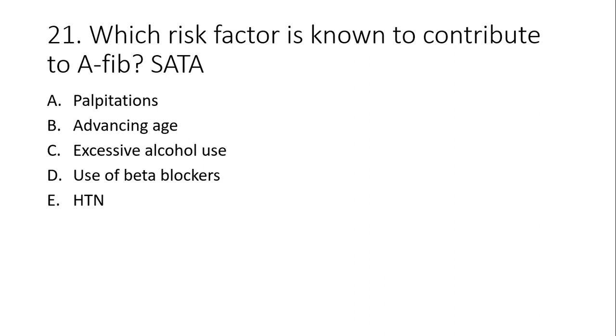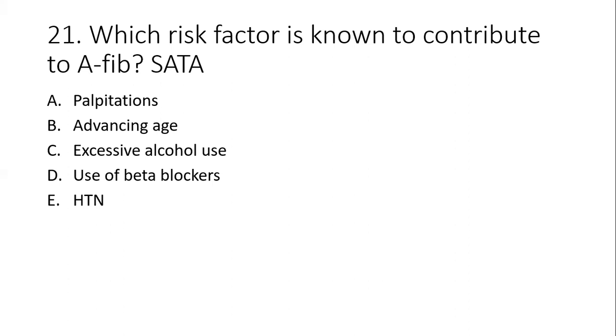No. And then hypertension. So, that one's a yes. I mean, pretty much hypertension's a risk factor for anything, so more often than not, it's going to be a risk factor.